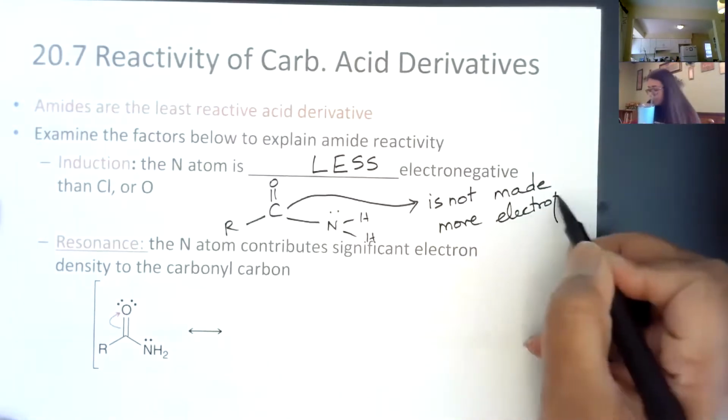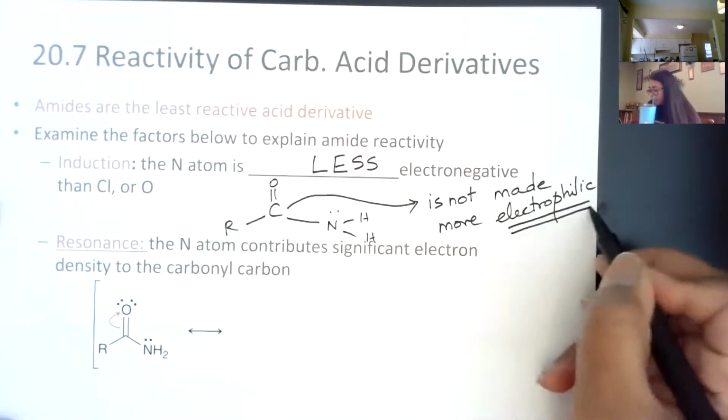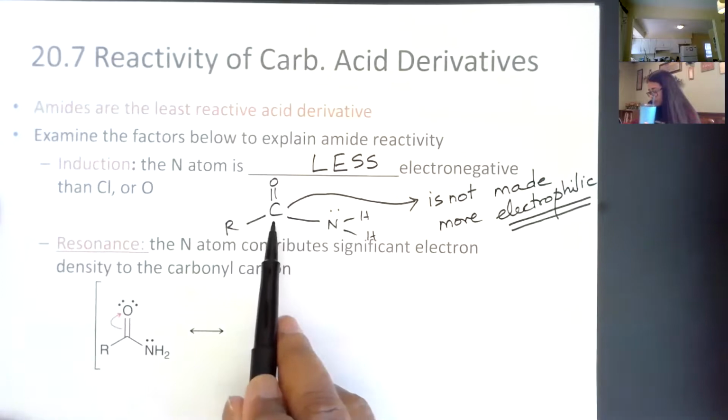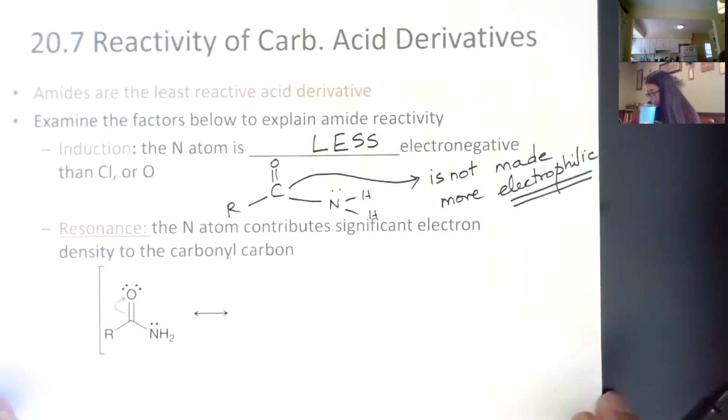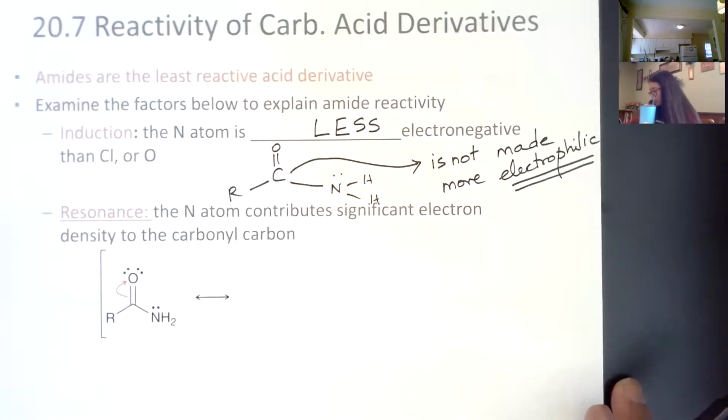For the reaction to take place, that carbon must be very electrophilic for a nucleophile to come and attack. But if the surrounding factors do not make it more positive, then the reaction is not going to take place.